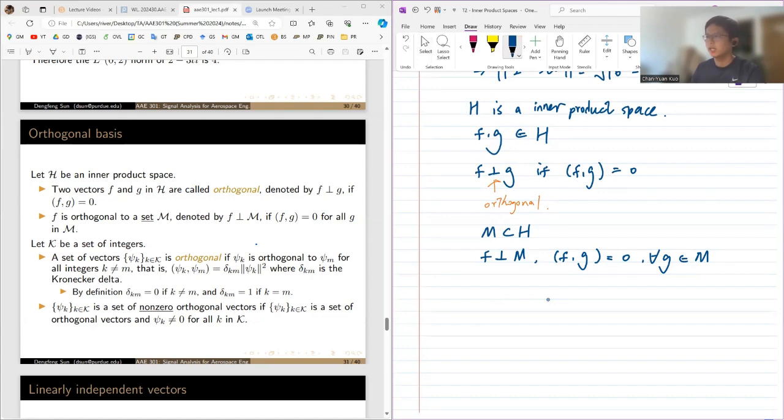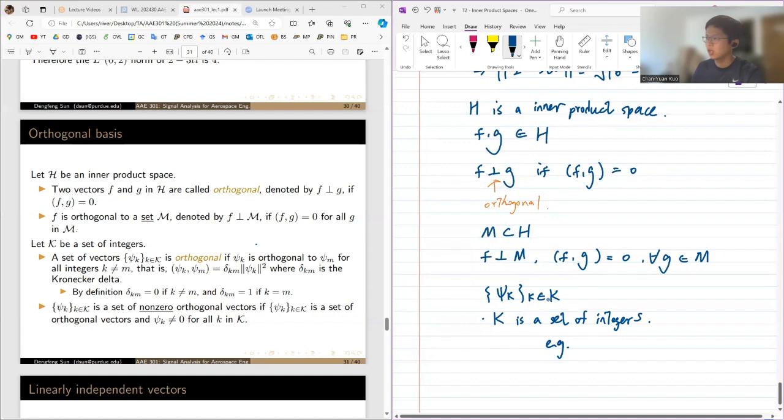Now let's look at the set of vectors which we call psi k, and k is in this set kappa. And here kappa is a set of integers. So for example, you can think about kappa as 1, 2, 3. So in this case, psi k, k in kappa will be psi 1, psi 2, psi 3.